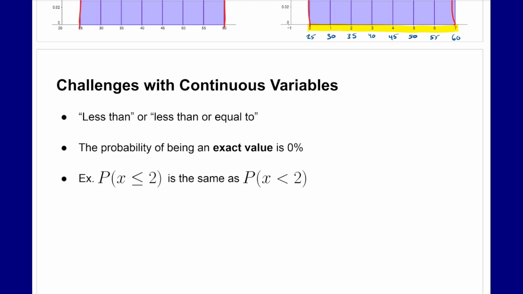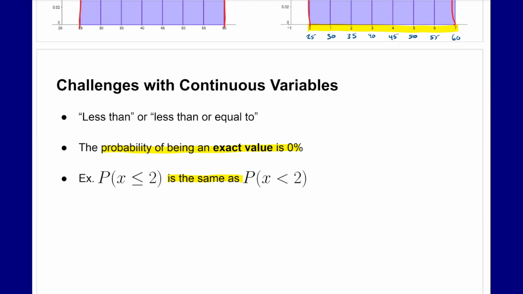Well, because we talked about the probability of being an exact value being 0%, it really doesn't matter. I can say that the probability of something is less than or equal to 2, but because the probability of it equaling 2 is 0, it's the same thing as saying the probability of a value less than 2. So if you see less than or equal to in continuous variables, it's the same thing.